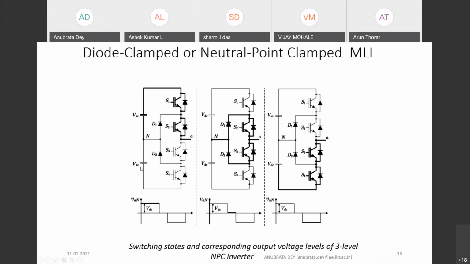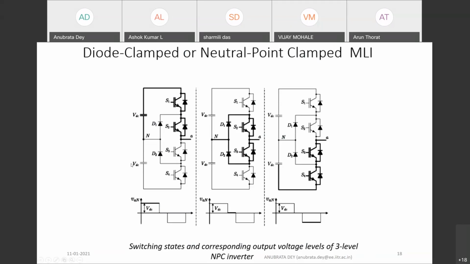Also, if you simulate in MATLAB or PLECS or any software, you will see that these voltages are more or less stable. The reason is that you are assuming everything is ideal and all the switches have symmetrical characteristics, so you will not face this kind of problem.